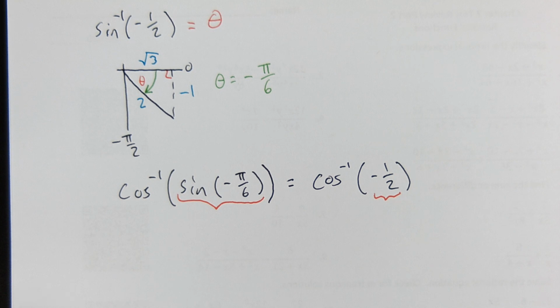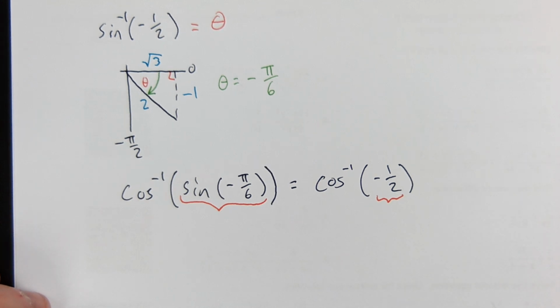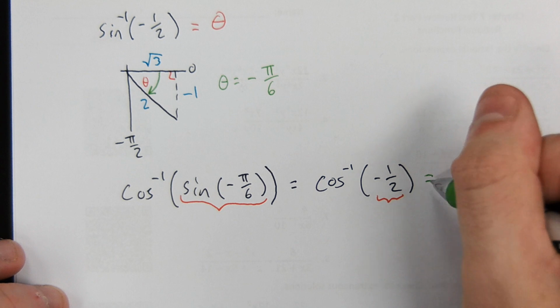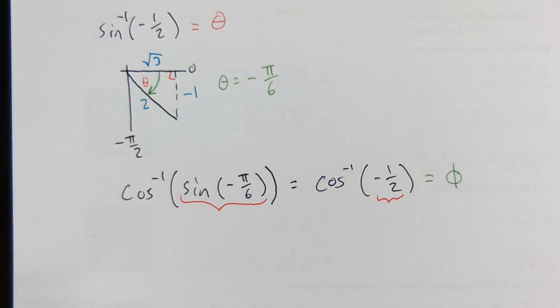Remember, the result of all inverse trig is an angle. So we're going to be hunting for a different angle. I don't want to say theta because I've already used theta. So how about I use phi instead of theta? Very common other Greek letter that is used for angles.